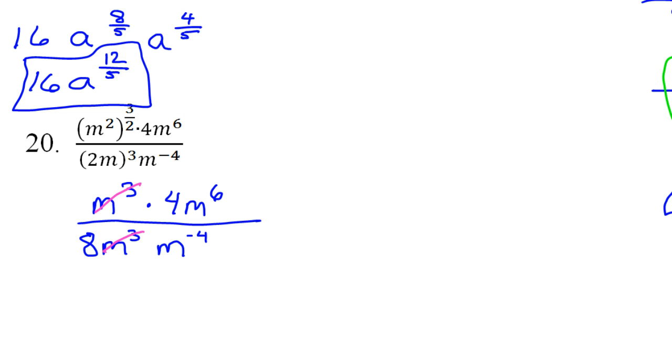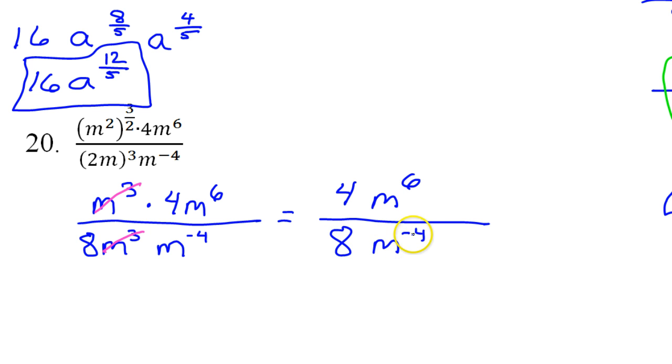So moving on from there, I still have 4m to the 6th power over 8m to the negative 4 power. Now that we just have the single m in the numerator and the single m in the denominator, we can go ahead and do other things. What did I tell you about when you have a negative exponent?